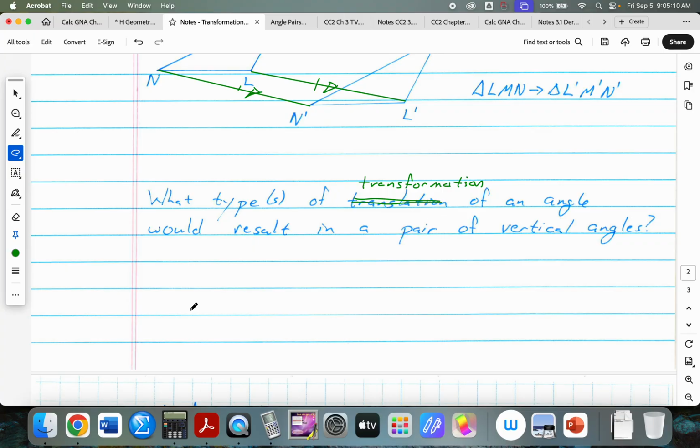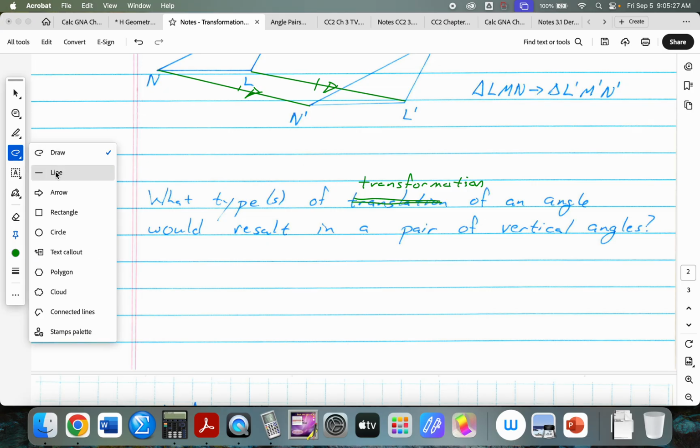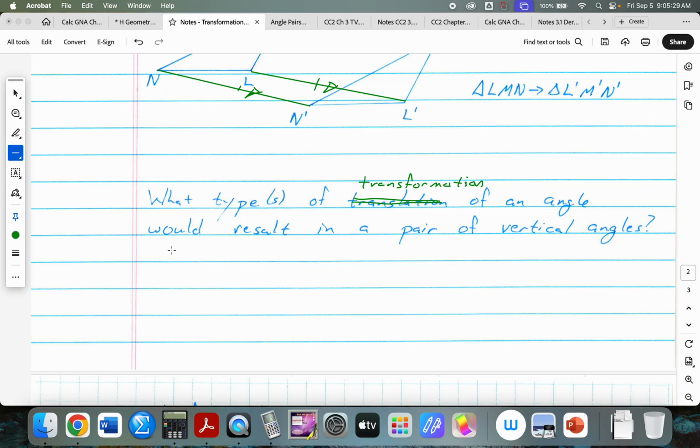The other part of it is that the line of reflection needs to be perpendicular to the angle bisector. Don't write anything for just a second. Just watch.